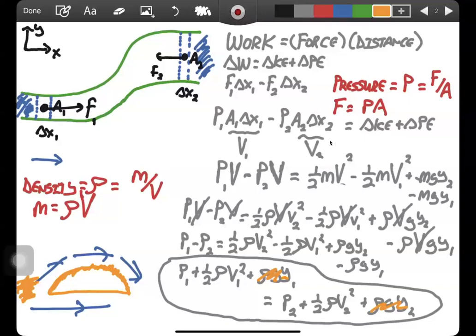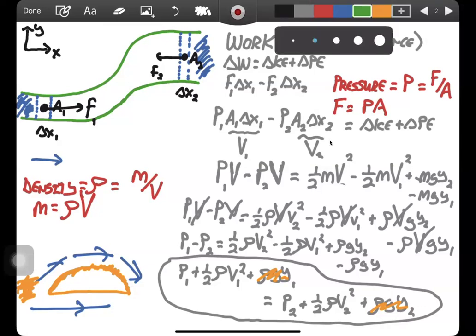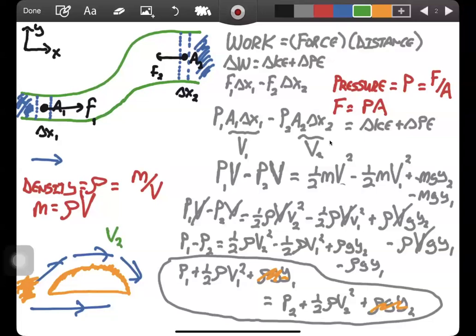So now what we have, because we started with the work energy theorem, is a relationship that relates the pressure on one side of the wing and the velocity of the airflow on one side of the wing to the pressure on the other side of the wing and the velocity of the airflow on the other side of the wing. We have to preserve this equality. If the top of the wing we'll call V2 and the bottom of the wing we'll call V1, then looking back at our Bernoulli relationship, V2 is greater than V1.